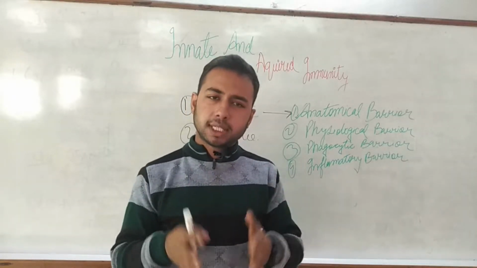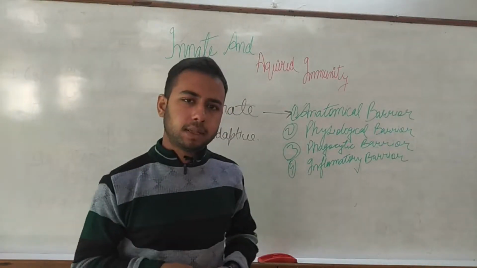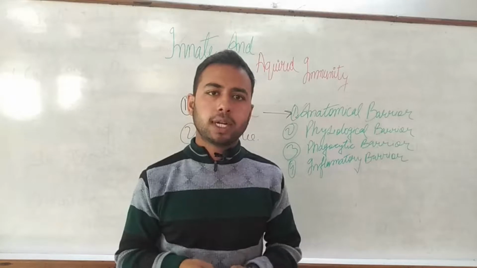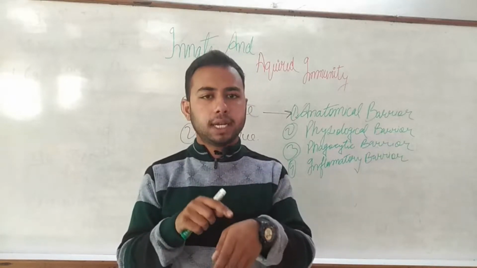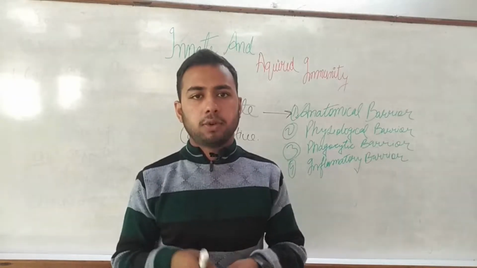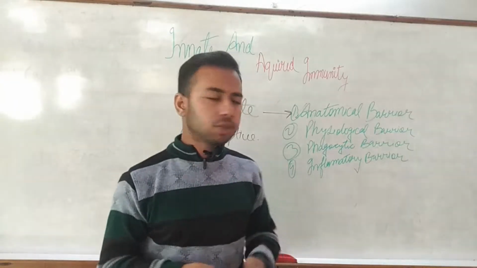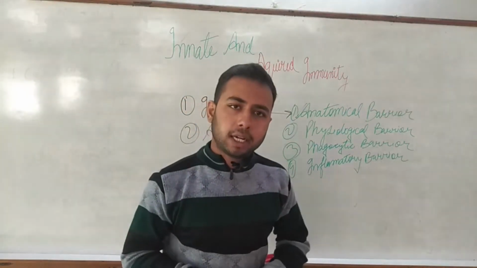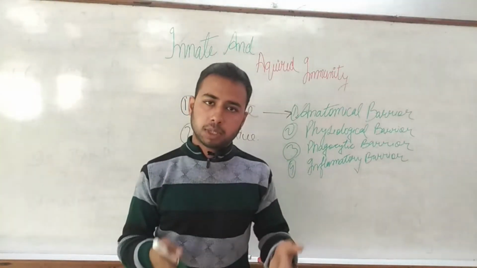This occurs because of the inflammatory barrier. The cells involved accumulate at the surface and make it fluffy. This is the innate immunity which we get from birth.